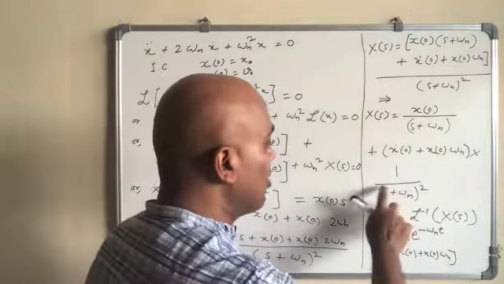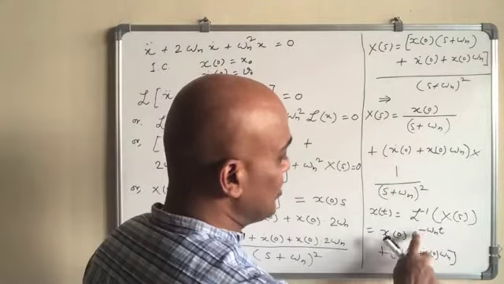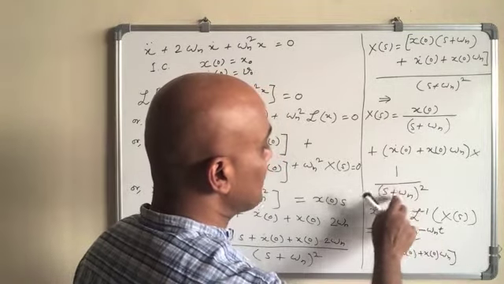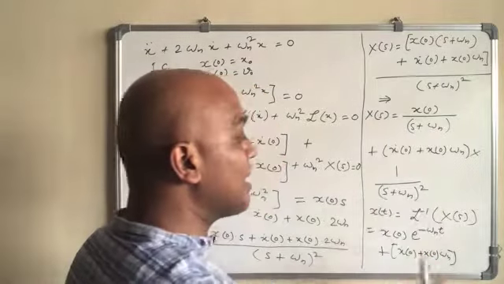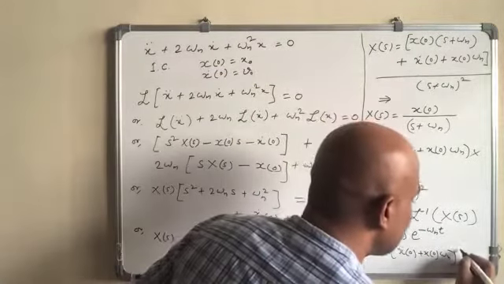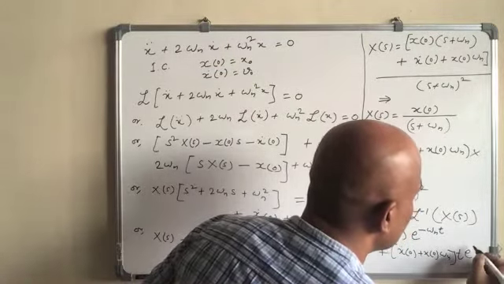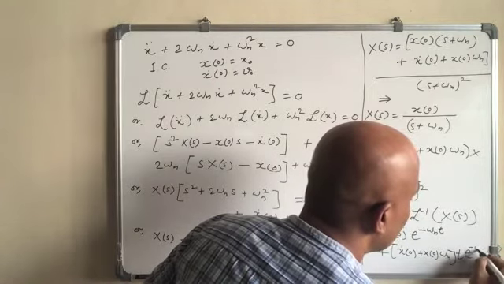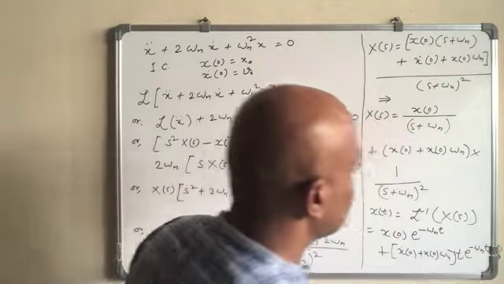If 1 over (s plus omega_n) gives e to the power minus omega_n t, then 1 over (s plus omega_n) squared gives t times e to the power minus omega_n t.